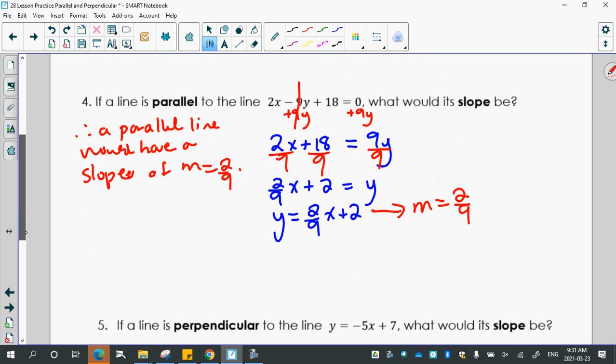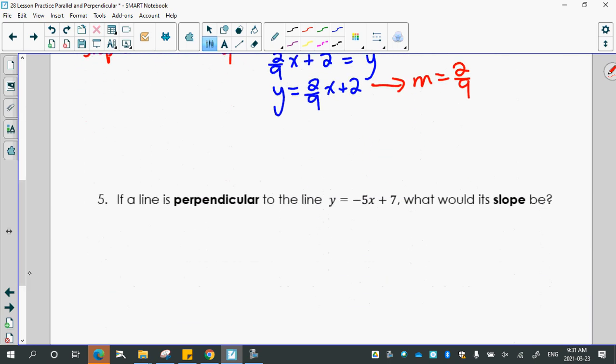All right, and then question 5. This one's easier because it's already in y equals mx plus b. If a line is perpendicular to that line, what would its slope be? So you should just have to write out the slope of this one and then your statement.